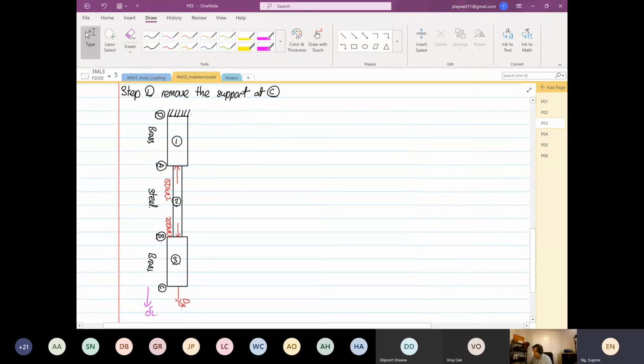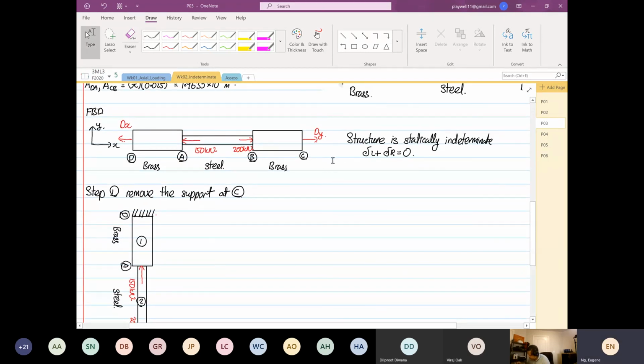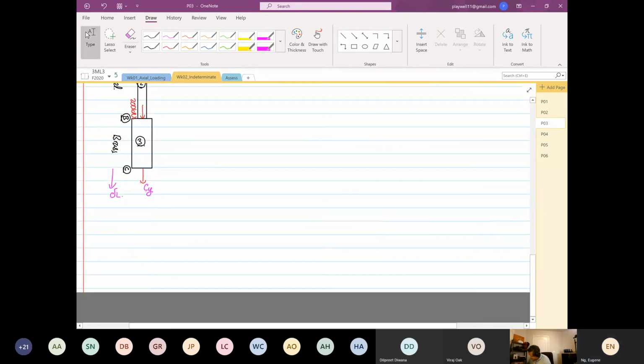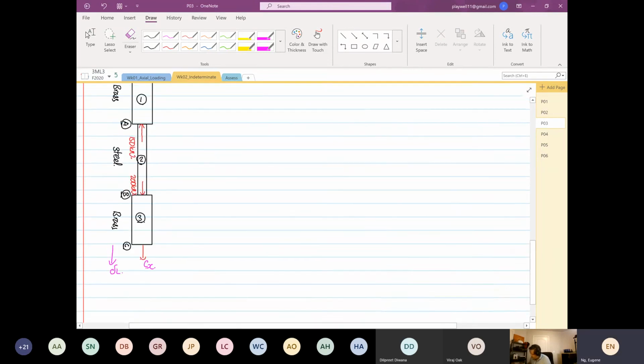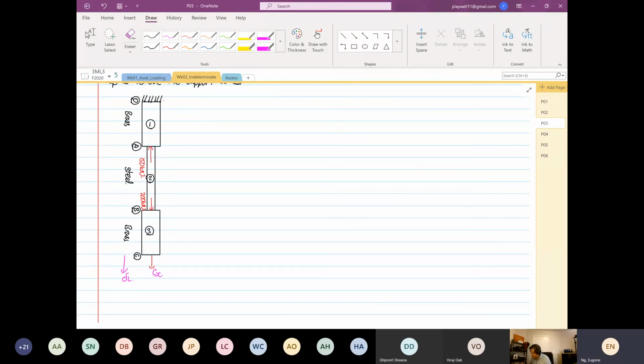So we are doing step 1, remove the support at C. I think I labeled this wrongly. This should be CX. I think I also labeled this wrongly. So this will be our CX. I do apologize. Okay, not Cy. So from here, we are going to look at deflection.